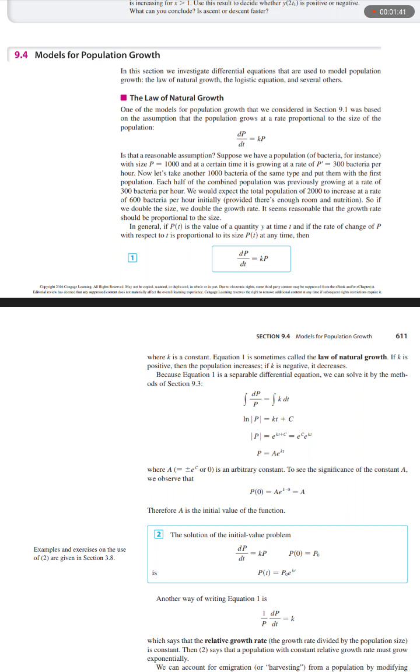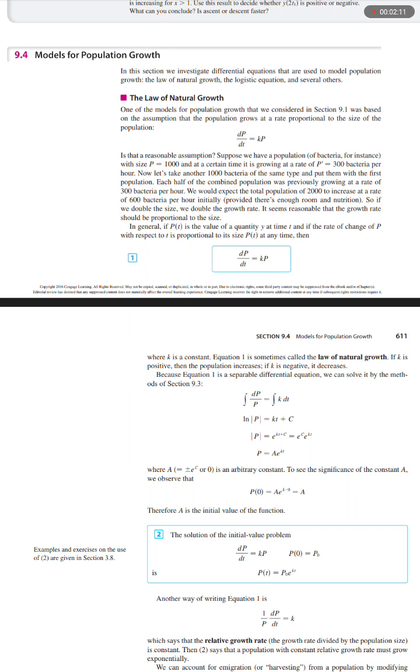In general, if P of t is the value of a quantity y at time t, and if the rate of change of P with respect to t is proportional to its size P of t at any time, then dP over dt equals kP.